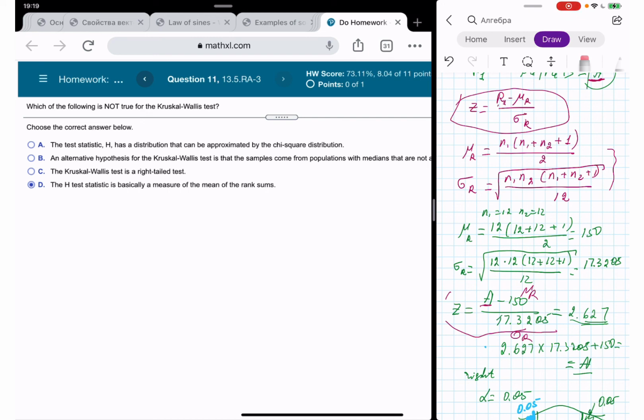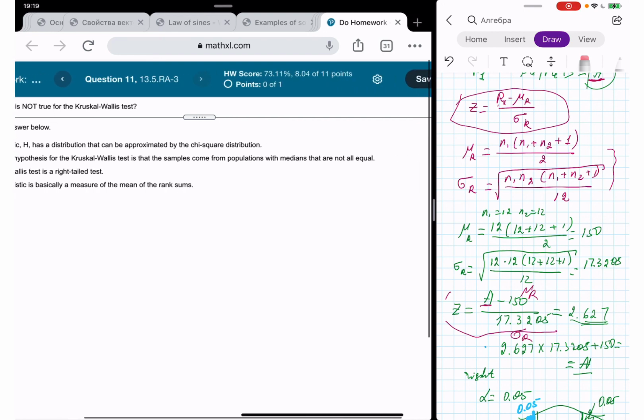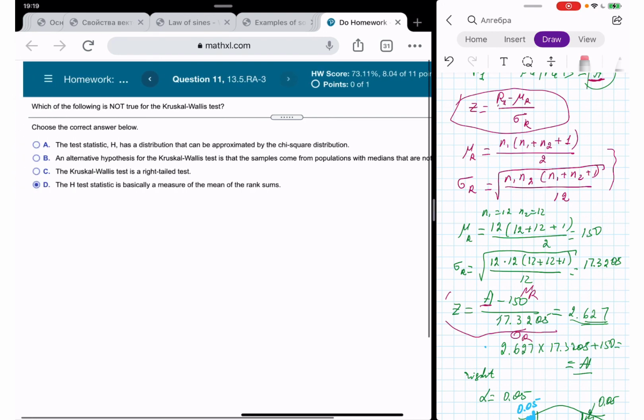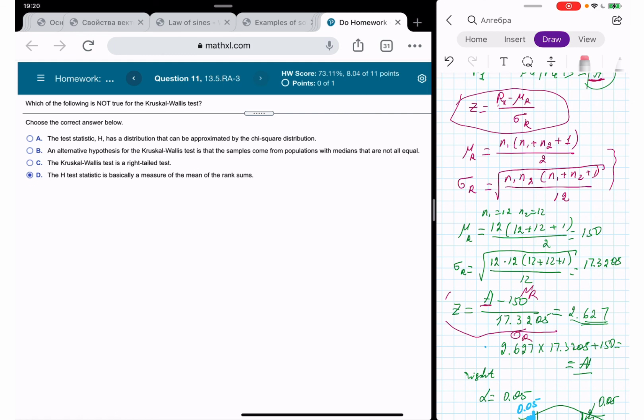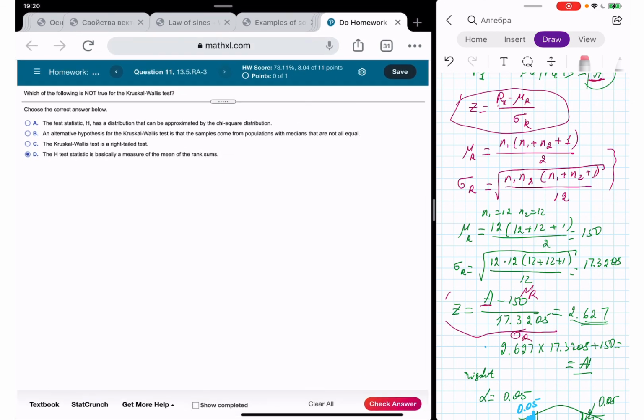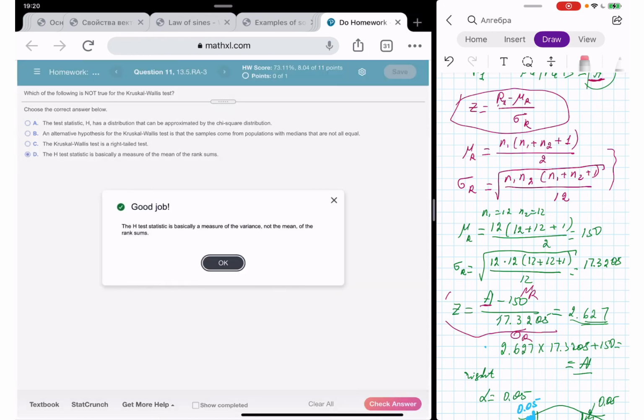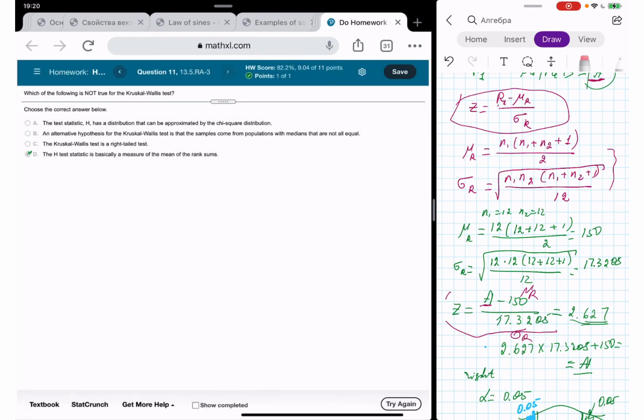That is true. The alternative hypothesis for the Kruskal test is that samples come from populations with medians that are not equal. Yes, Kruskal-Wallis is a right-tail test. That is also true, but this one is not true. It's a measure of the mean of the rank sum. No rank sum here. Rank sum is the Wilcoxon rank sum. Okay. Hallelujah. I am done.